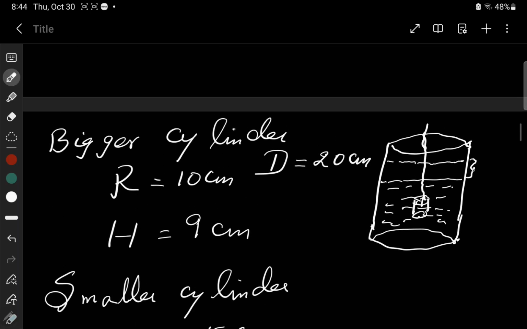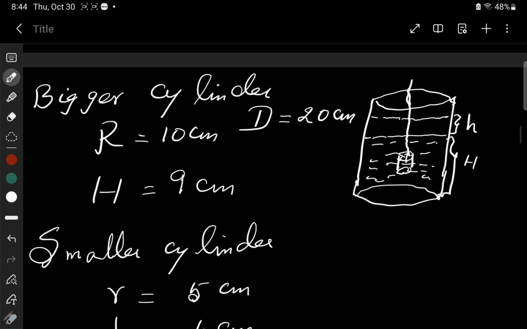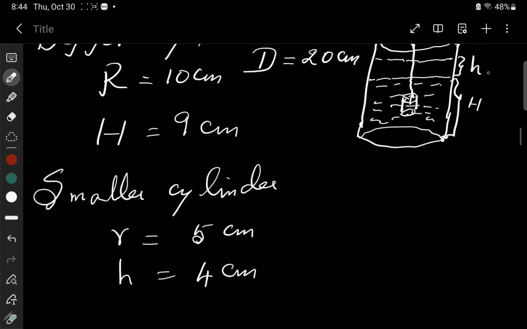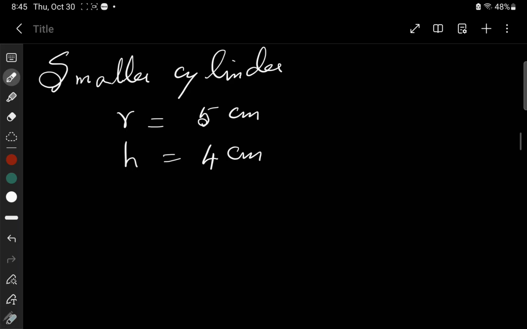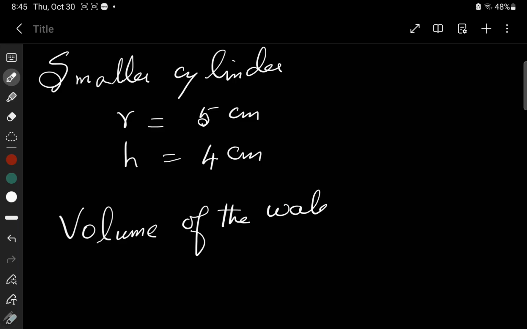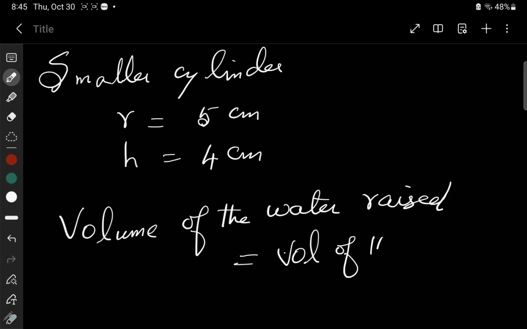See here the question: find the height of this water level raised. Let me mark this as H1. Up to this you have capital H, and to differentiate it from the height of the smaller cylinder, I mark this as H1. But I want to find this height H1 only. So I write: volume of the water raised is equal to volume of the metal cylinder, the small cylinder.